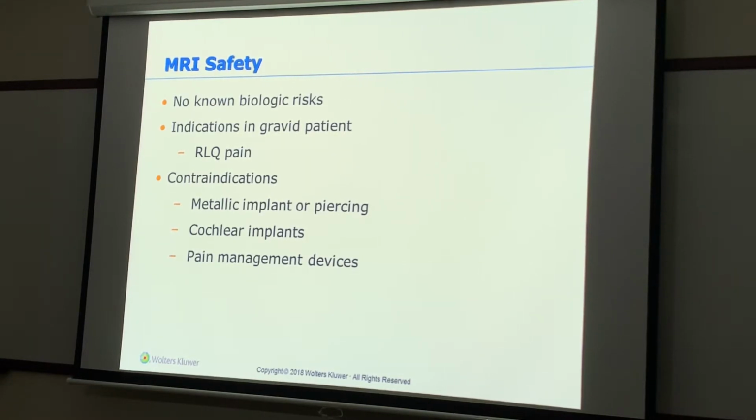Now, if I have to inject contrast into her, what's the name of it? Gadolinium. Okay. I'm going to question that because she's got a fetus in there. Do they really need that?